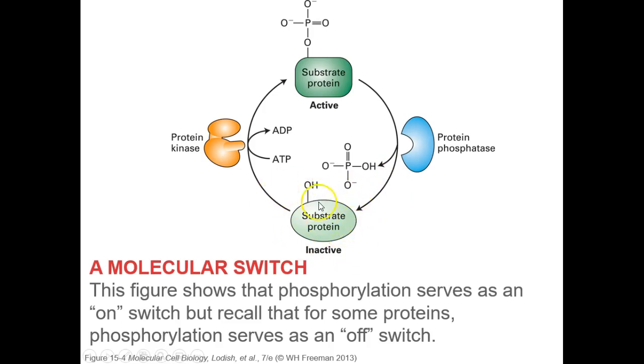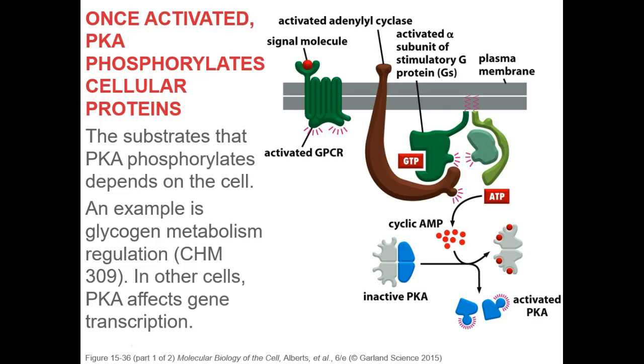And now we just have the side chain of either the serine or the threonine. So this picture shows how you switch it, but I could just as easily change this figure to write inactive up here and active down here, because it depends on the protein. For some proteins, phosphorylation is an on switch, and sometimes it's an off switch.